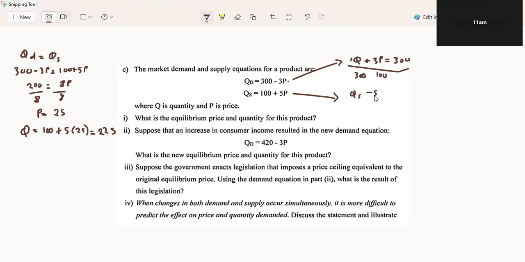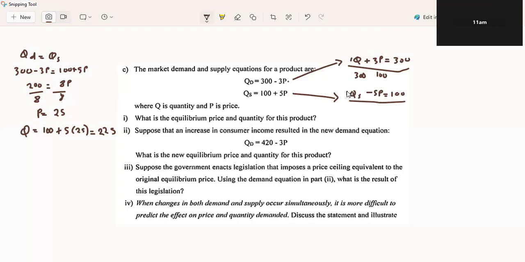Who will take it up for supply? I would want participation here. So we'll put the letters on one side and the P will be negative 5P. All right, then the intercepts.